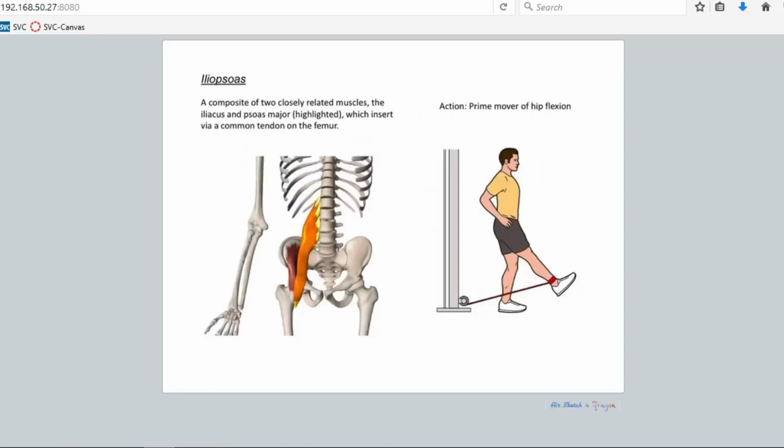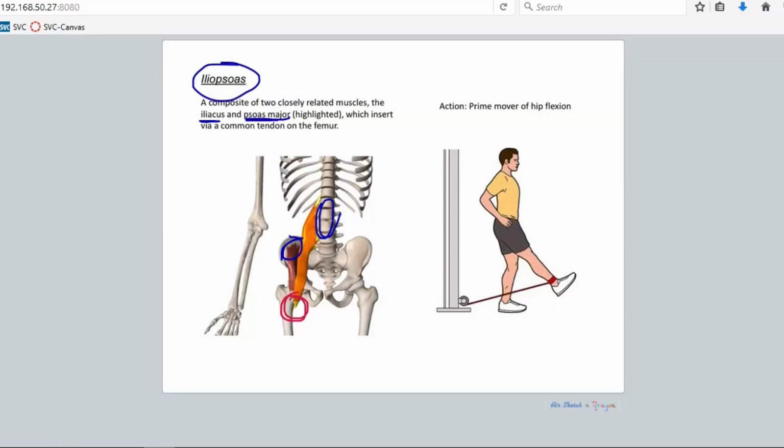Okay, a couple other muscles. I just added these last quarter, but these are collectively called the iliopsoas muscles. But I believe on the lab exam I have you know them individually as the iliacus and the psoas major. Here are the different origins of them right there, but both of these insert via a common tendon on the femur here.